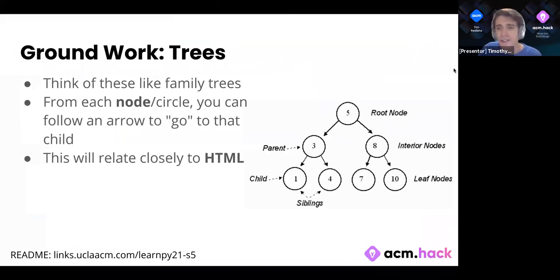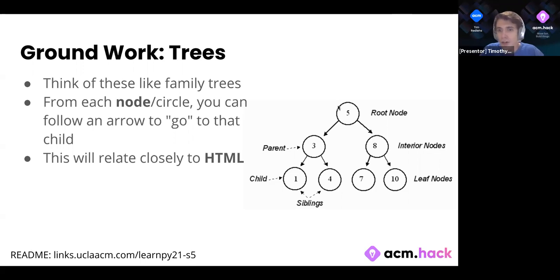So some groundwork. These are some things that are going to be helpful to know as we are doing any kind of parsing of HTML pages. The first big thing is trees. A tree, you can think of it like a family tree.